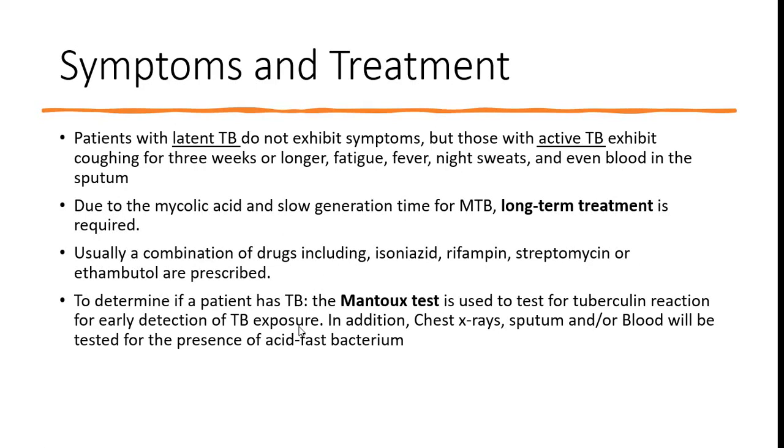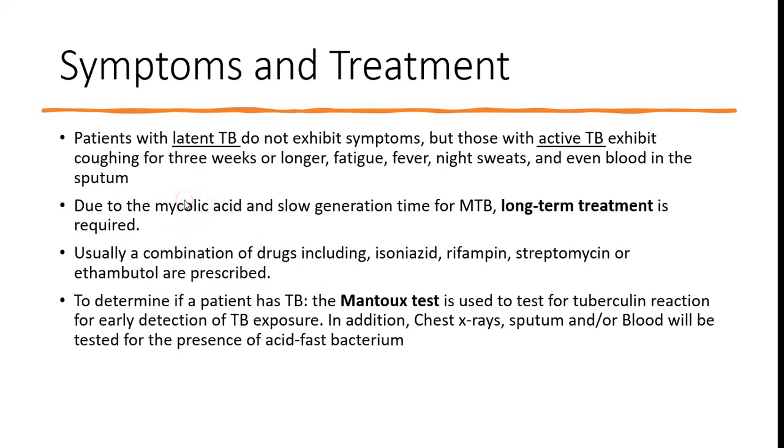So if you'll recall, we talked about the fact that the mycolic acid provided those cells a protective mechanism and it helped defend them from a lot of the antimicrobial responses that the host defense mechanisms will mount. But the other thing about it is because it's got that waxy coat going around that microbe, it means that microbe is going to be growing at a very slow pace. So it has a slow generation time.